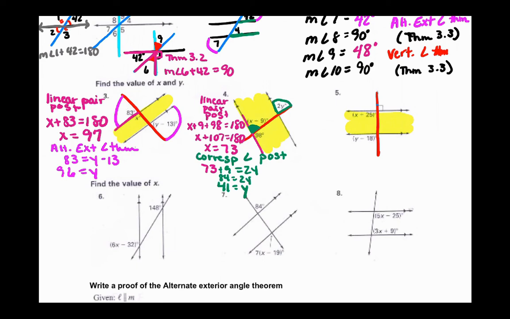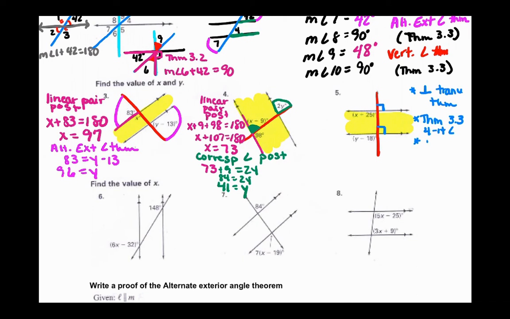In problem 5, we have a perpendicular transversal, and we happen to have a perpendicular transversal theorem. So we're perpendicular at both parallel lines. And then we have theorem 3.3, which says we get 4 right angles.